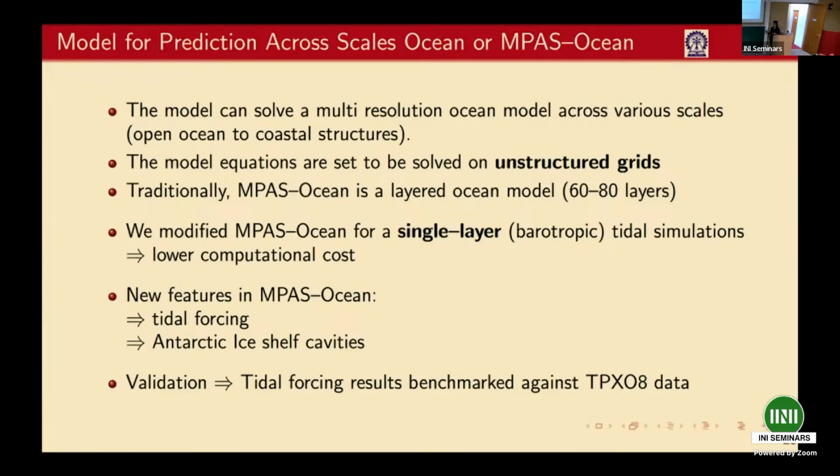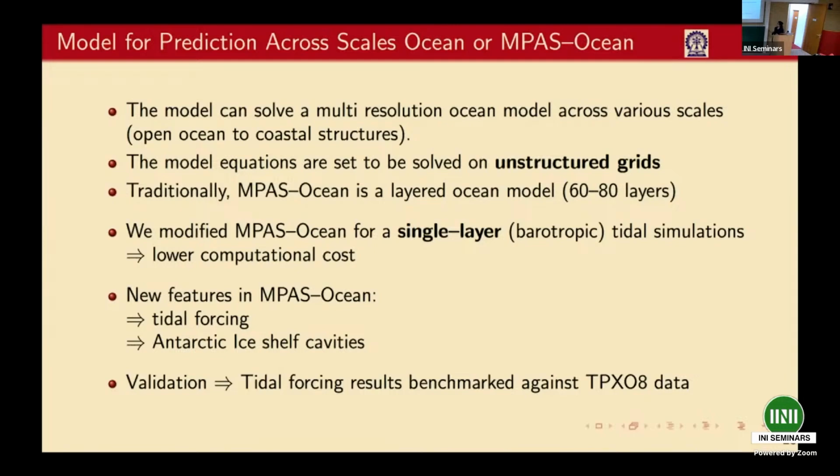I will come to what an unstructured grid is, but unstructured grids are grids which can accommodate changing resolutions. For example, in the open ocean you need much less resolution, but in the coastal regions you need higher resolution. These changes in resolution can be very comfortably captured using unstructured grids.